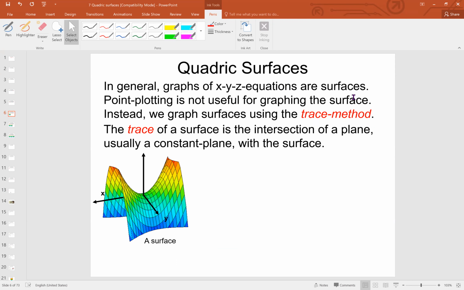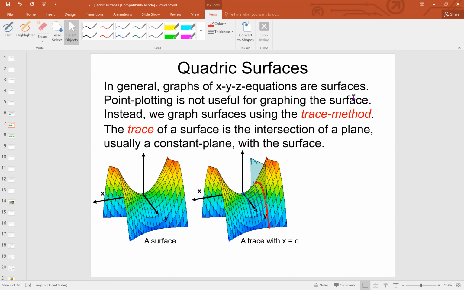Imagine it's invisible. What we can do is take the intersections of planes. In this example, we intersect with the plane x equal to c, and then I get a parabola pointing downward. That I call a trace.